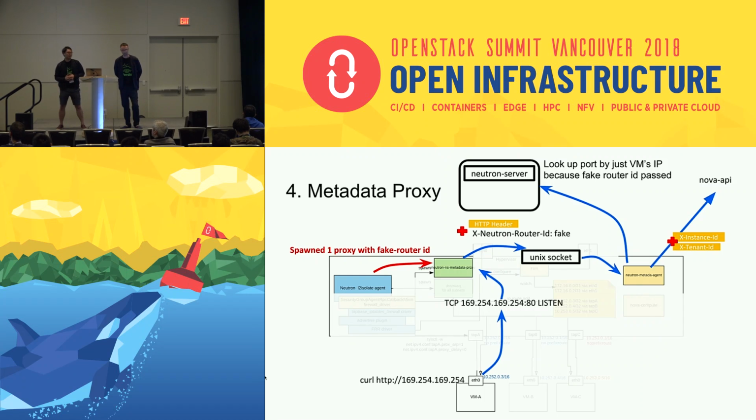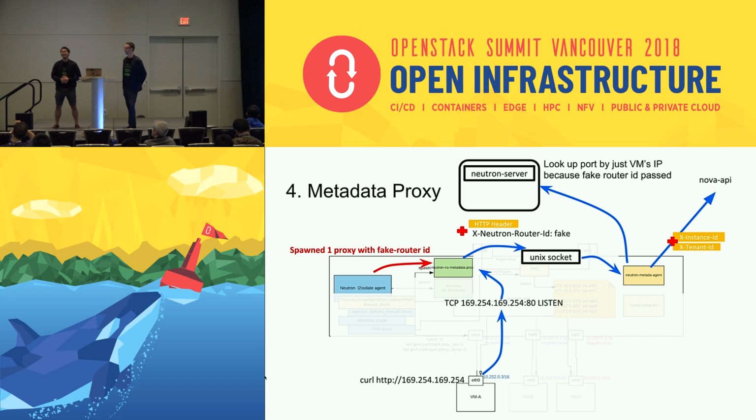About the metadata proxy, we also reuse a single metadata proxy for all VMs on the same hypervisor, regardless of how many subnets we have. In order to do this, we have to pass a fake router ID to the metadata proxy. If we pass the fake router ID to the metadata proxy, this metadata proxy forwards the metadata IP access from VMs to the metadata agent with the fake router ID.